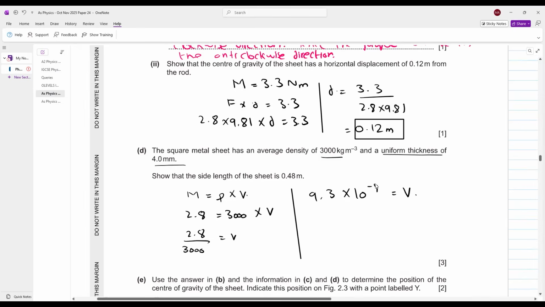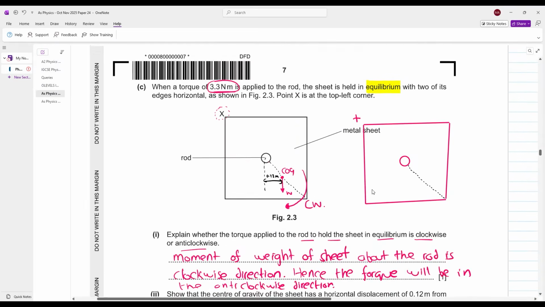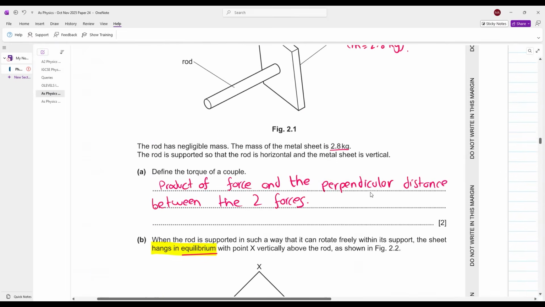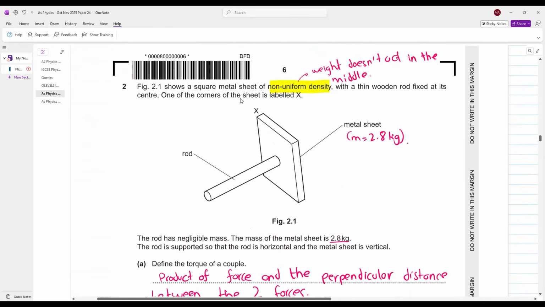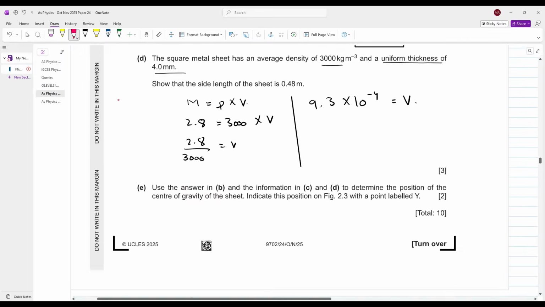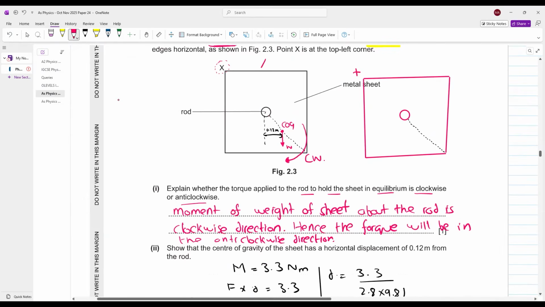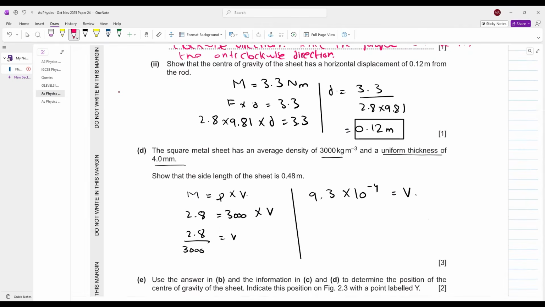कैसे निकालेंगे साइड लेंथ, यहाँ पे आ जाओ. Now if you realize one thing here, this thing, square. What does square mean? बेटा स्क्वायर का मतलब होता है कि if this length is x, this length will also be x. So you can say the volume is equal to what? 9.3 into 10 raised to the power of minus 4 is equal to length into breadth multiplied by thickness.